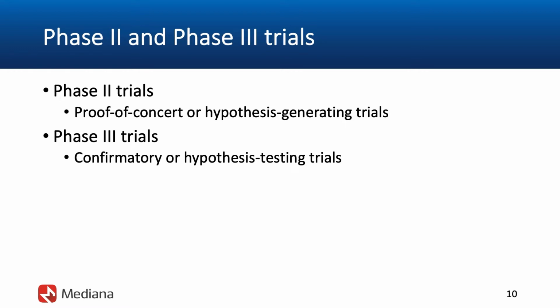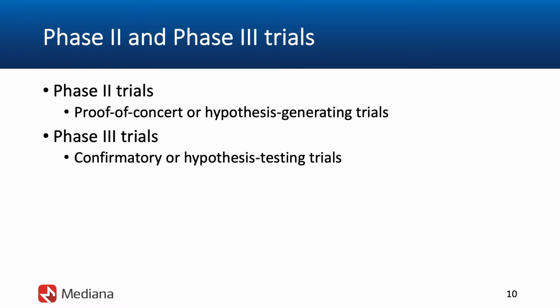And I think it would be more productive to use more descriptive terms, such as proof of concept trials for phase 2 trials that are dose ranging or dose finding in nature versus confirmatory trials that are phase 3 trials. These terms better describe the goals pursued in each class of those clinical trials, and I will try to use those more descriptive terms throughout this training program.